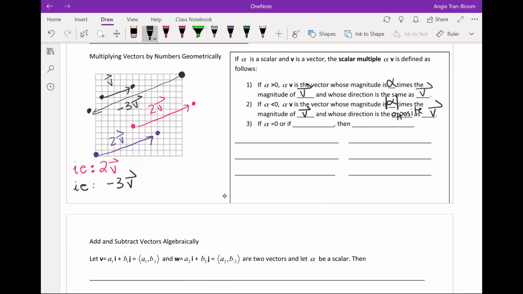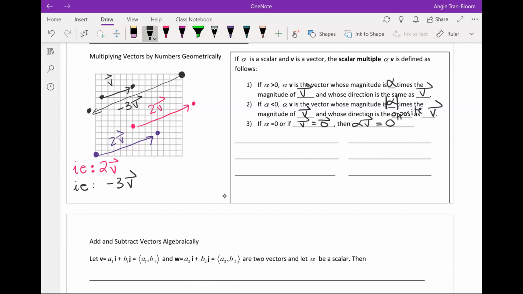Okay, some properties. If alpha is 0, or if your vector v is a 0 vector, then alpha times v equals 0. If either one is 0 or both are 0, then multiplying together will still be 0.